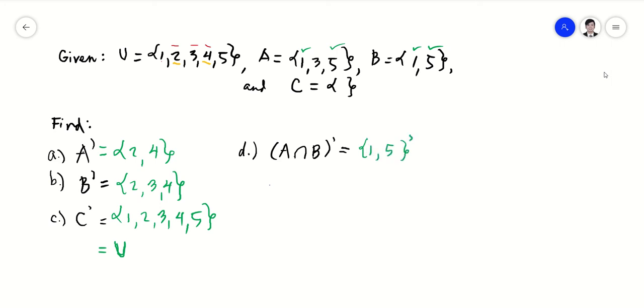And don't forget there is still a complement. So now the complement of 1 and 5, remember when we try to find the complement of a set, we're comparing it to the universal set. So the elements that are in the universal set but not in here are what? 2, 3, and 4. So our final answer now would be 2, 3, and 4.